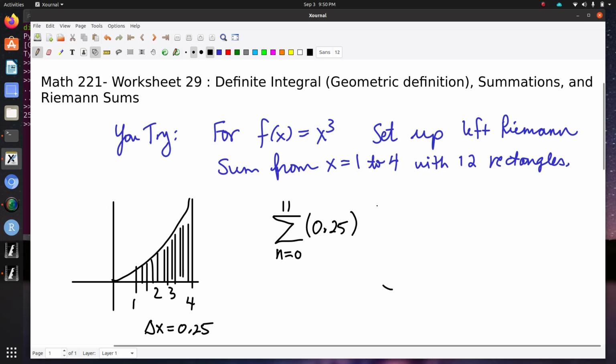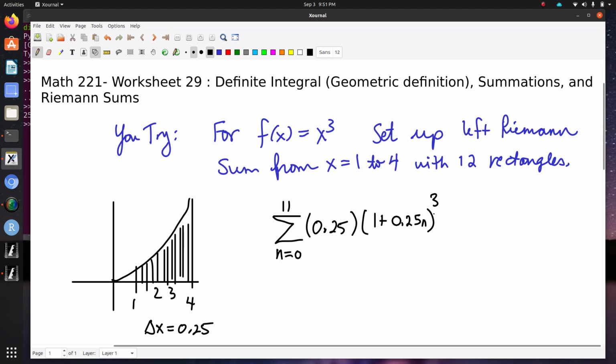So the width of each rectangle is 0.25, so we've got that covered. And then f is something cubed. So here's our f. All right, now we've got to figure out what we're going to do. We're going to say 1 plus 0.25 n, and that's going to mean at n equals 0, we're going to start at 1. When n is 12, we're going to be almost all the way to 4, but since we're doing a left Riemann sum, we're never going to get there.